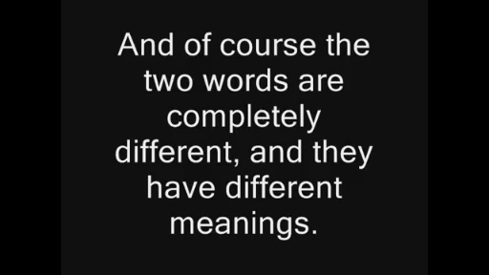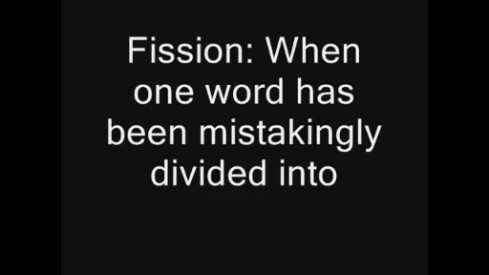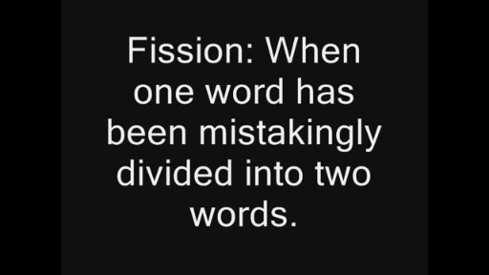Another mistake that sometimes happens is called fission, and that's when one word has been mistakenly divided into two words. So for example, someone may have changed nobody, one word, into no body, two words, which of course is different than nobody.